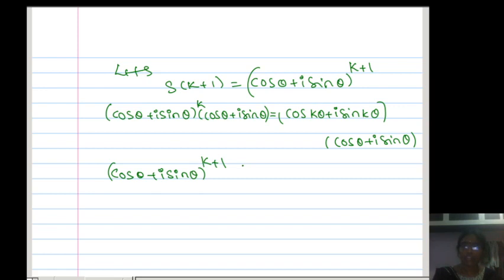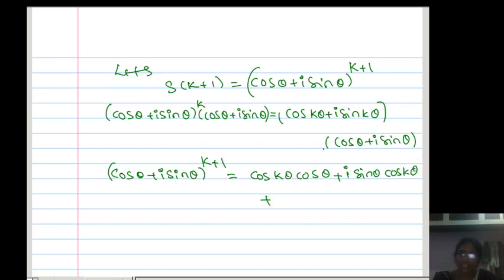Cos theta plus i sin theta, this power k plus 1, you will get. Next, multiply these two on the RHS. What is the simplification here? Let us see. Cos k theta into cos theta, plus cos theta multiplied by the i sin k theta term, plus i sin theta cos k theta.